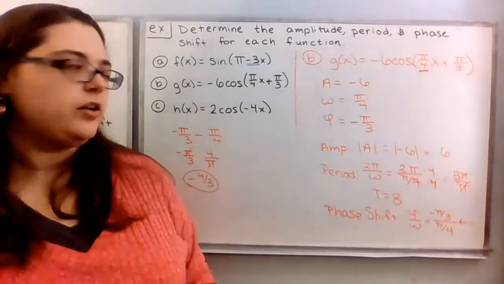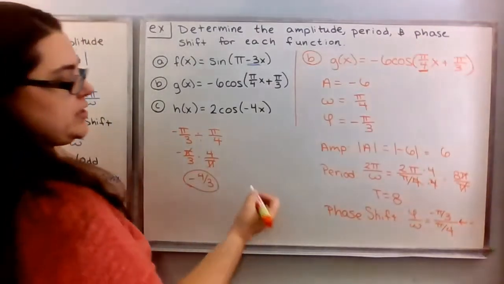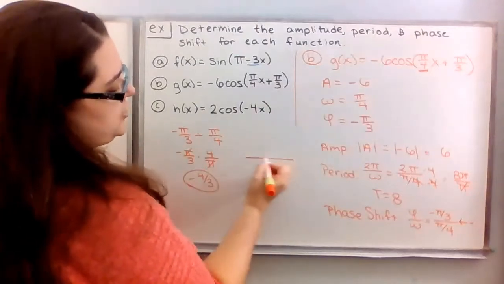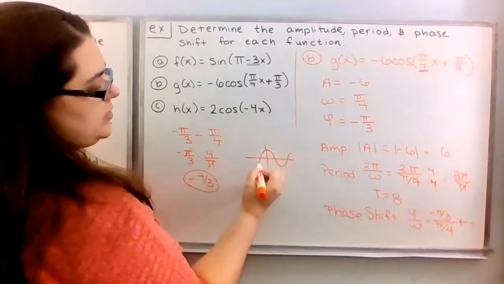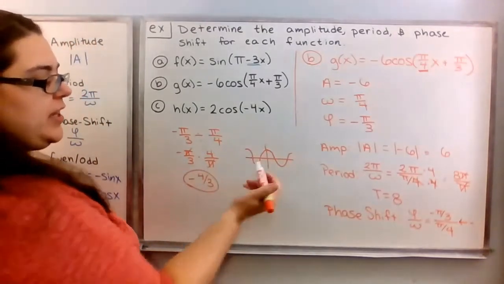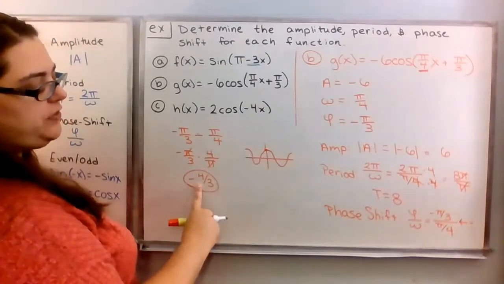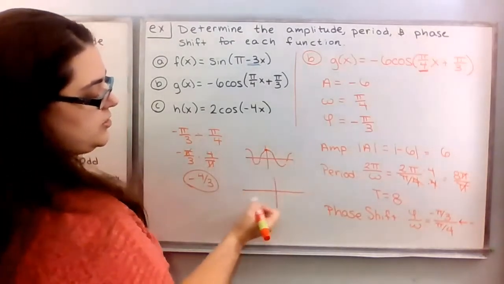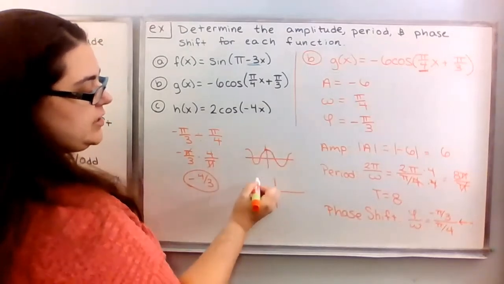Here's what this means. Okay, so again, I'm going to do a little bit of a preview for what's to come. But what this means, because this is a transformation on cosine, cosine normally starts up at 1 and comes down like this, right? So what the phase shift means is instead of starting at the point 0, 1, we're going to shift that x value to negative 4 thirds. So here we would be at negative 4 thirds, and that's where this point is going to be.